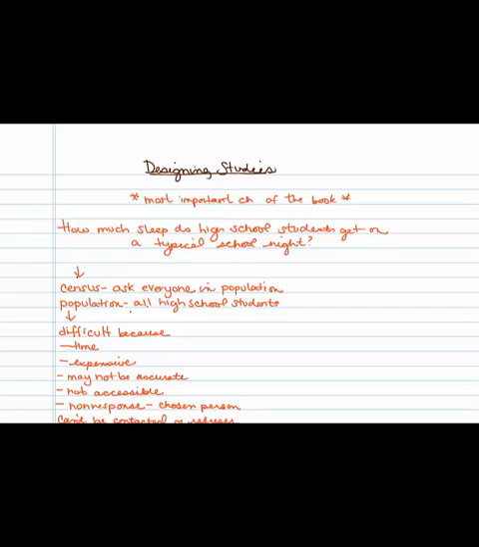So a census might not be a good idea because you have to ask every single person. Well, we're in a high school, so we should be able to get a lot of this information if we just talk to our own high school population or part of our high school population.